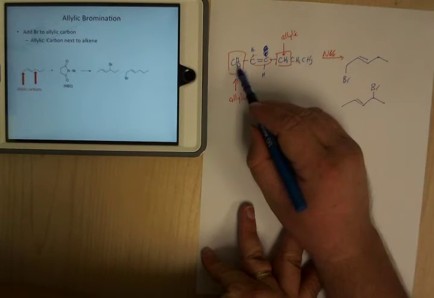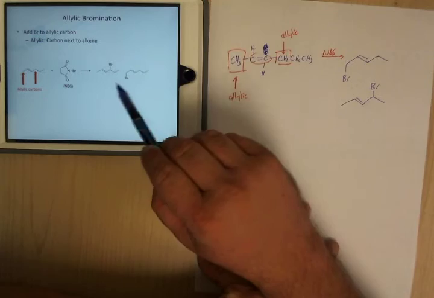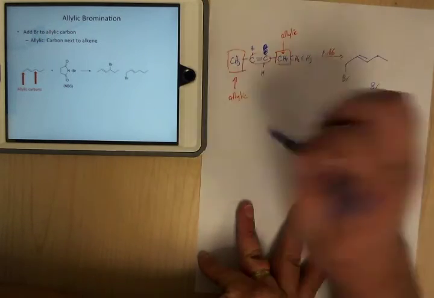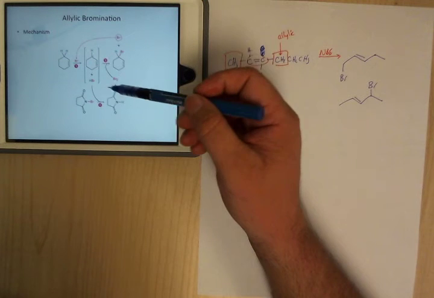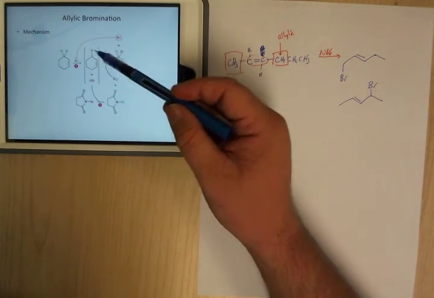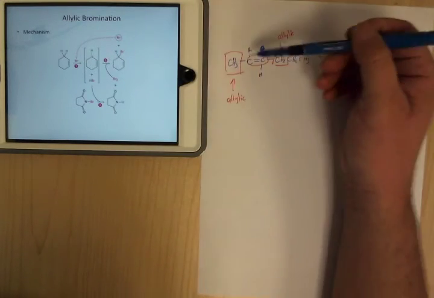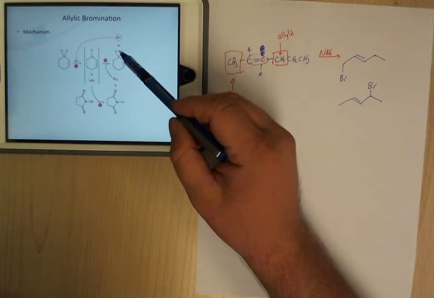Half the time here, the other half there. So you're going to get a mixture of the two. The way this works is NBS can actually make a radical and it extracts this out, and this one here ends up being... we'll talk about this in a minute, but it ends up putting it on here.